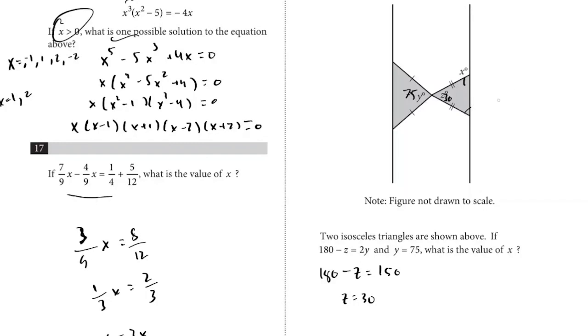Sorry, I'm getting confused with all these. All right, 180 minus 30 is equal to 150. And then 150 divided by 2, because two angles are equal, we get 75. That means each of these angles are 75 degrees.